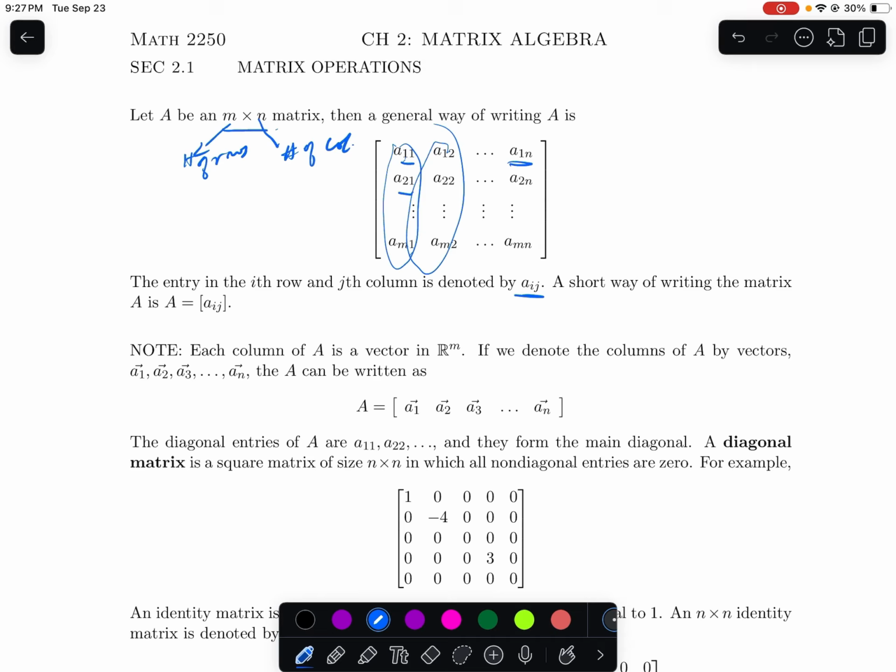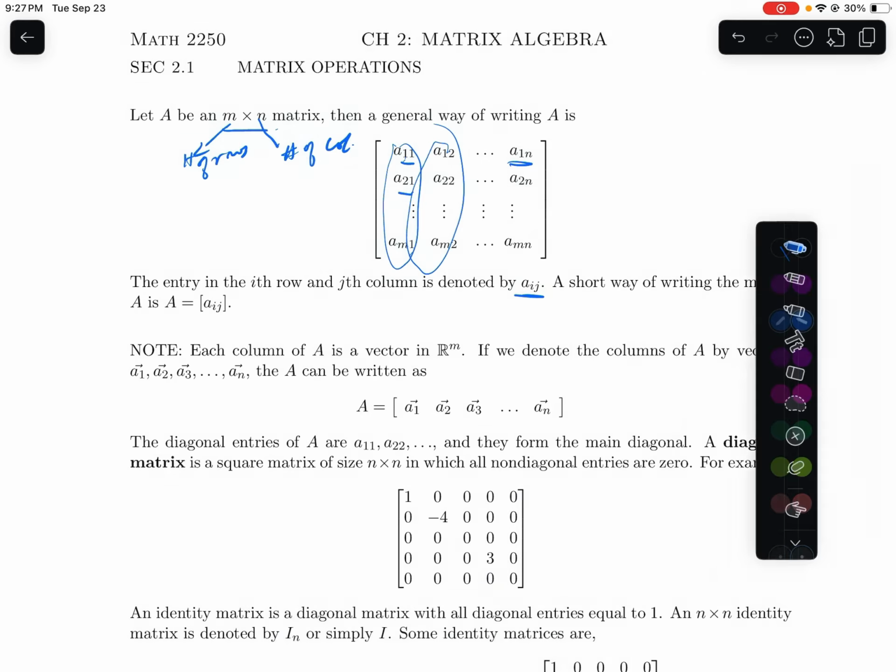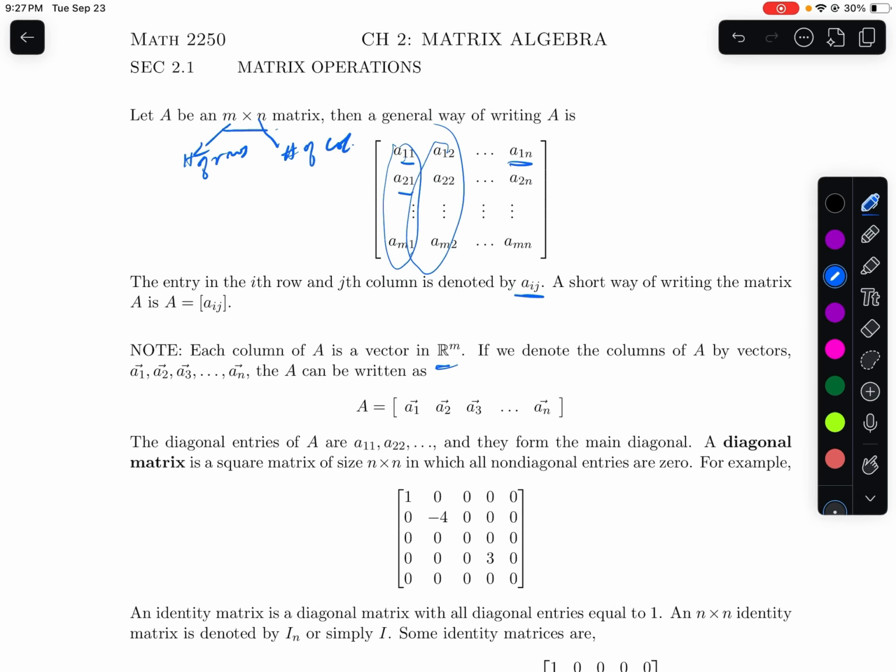Now the entry in the ith row and jth column is denoted by a sub ij. That's what we have here. And a short way of writing the matrix A is equal to the square brackets, and inside we write aij.